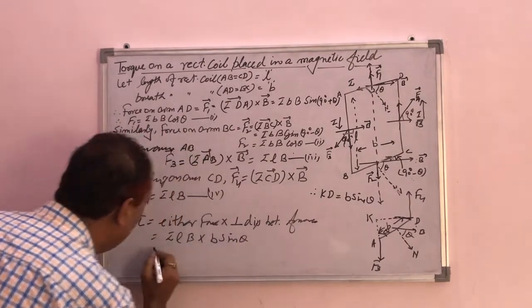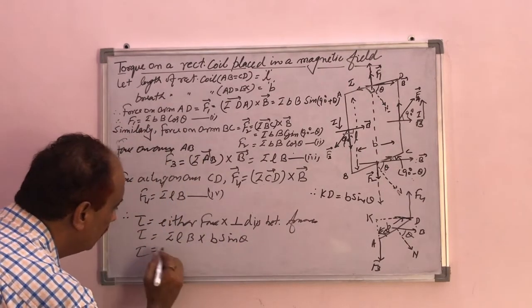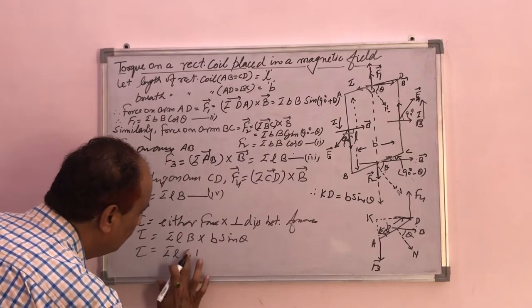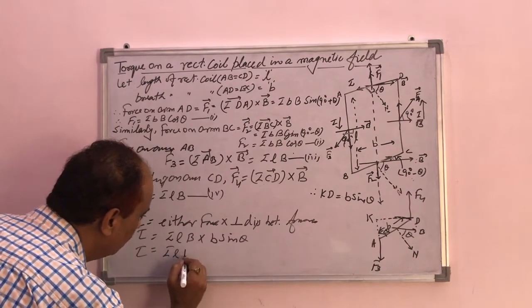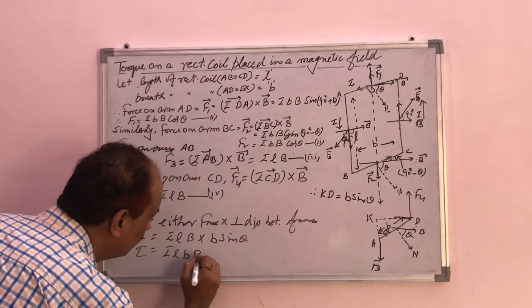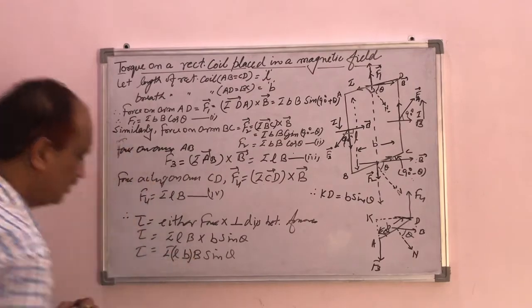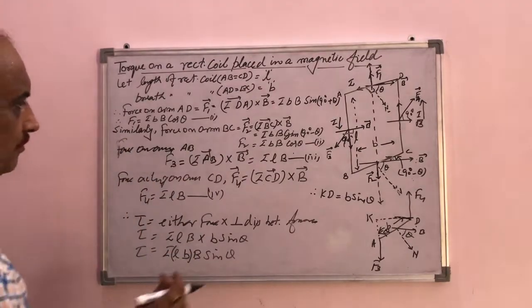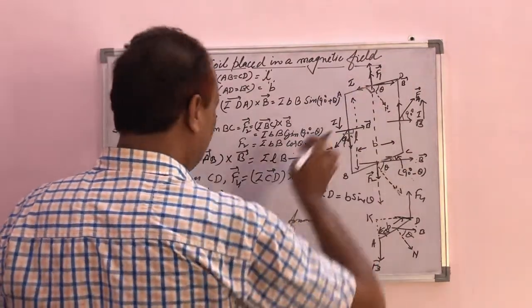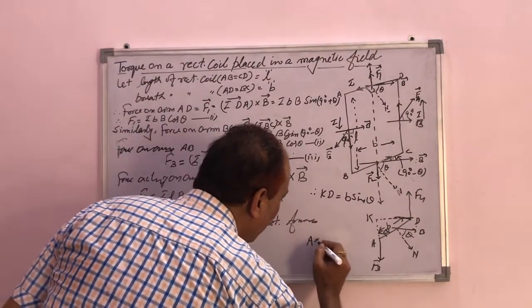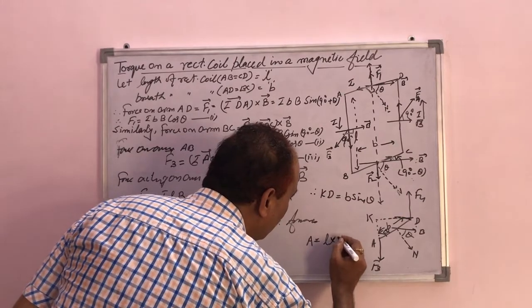So the torque will be equal to ILB sine theta, with the B written next to this L. And the meaning of L into B, that is length into breadth, is the area of the rectangular coil. A is equal to L into B.